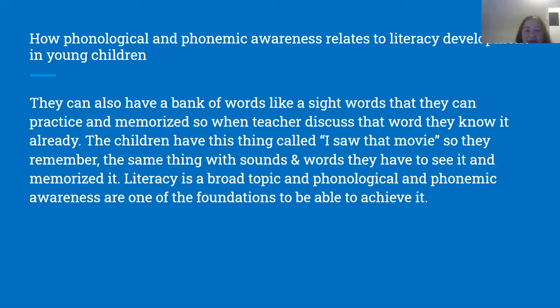The children have this thing where they say, I saw that movie, so they remember. The same thing with sounds and words. They have to see it and memorize it. Literacy is a broad topic, and phonological and phonemic awareness are among the foundations to be able to achieve it.